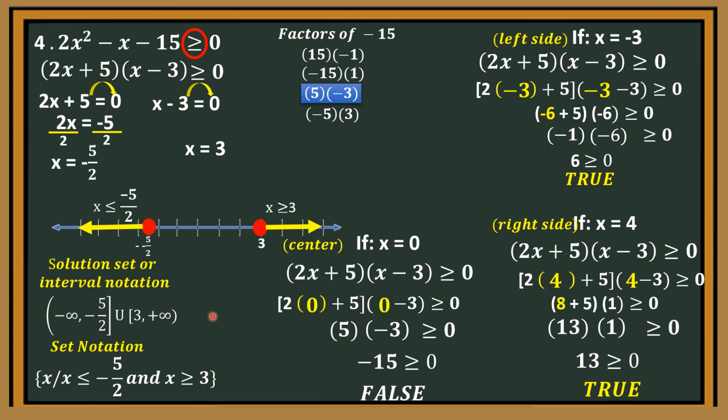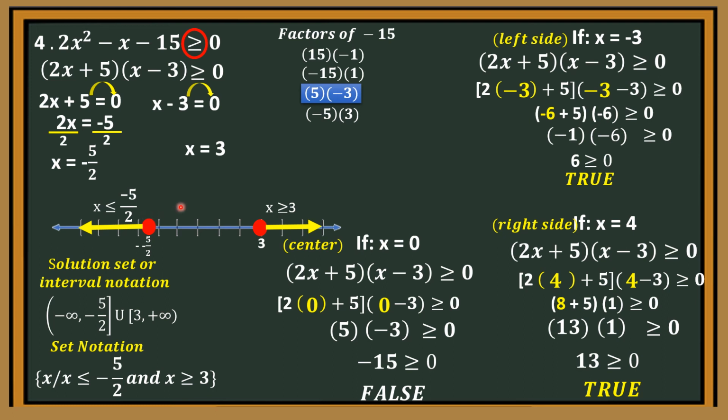Let's go to the set notation. Set notation, punta tayo sa graph. So, ang x natin, dalawa. Isa sa left at isa sa right. So, ang x natin sa right ay x is greater than or equal to 3. Ang left natin, ang x natin is less than or equal to negative 5 over 2.